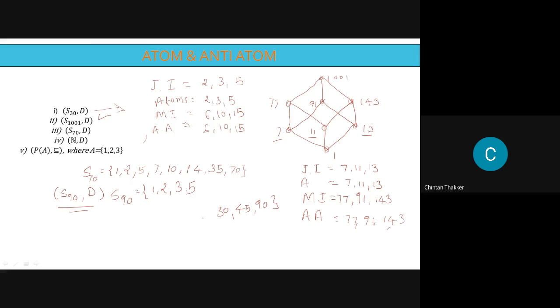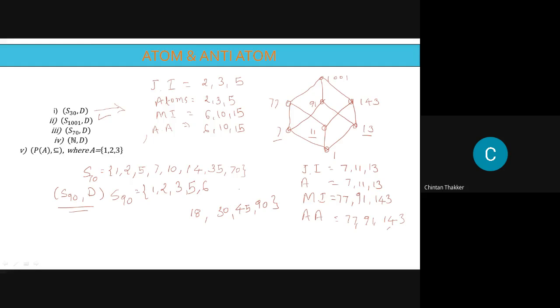So if we divide by 5, we get 18, then 6.